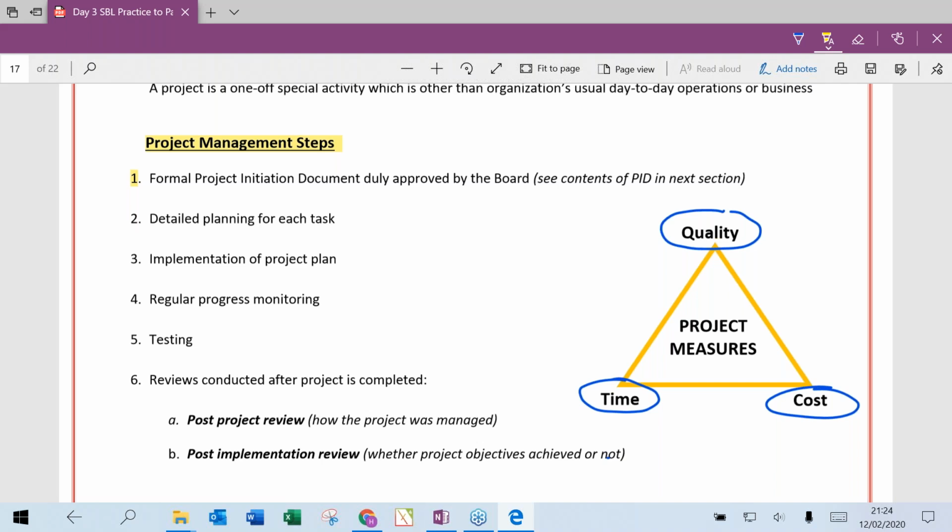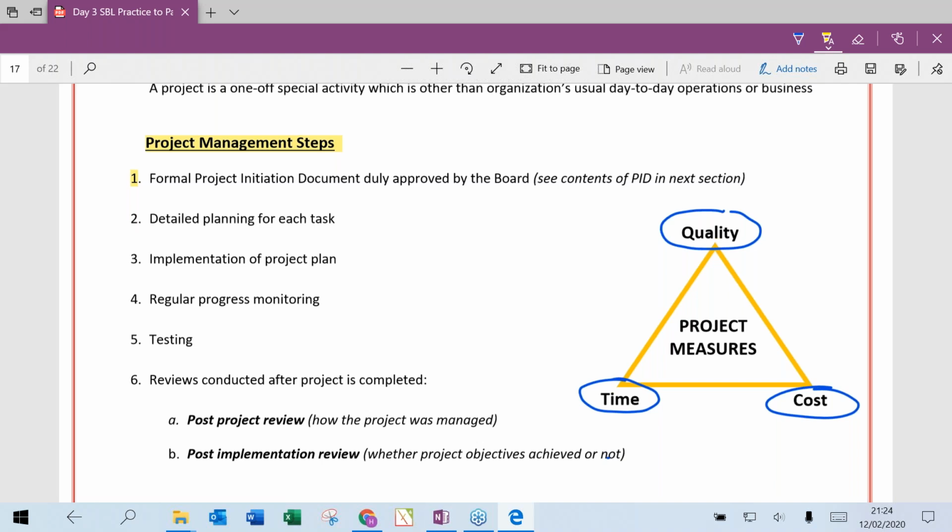And then that project initiation document is submitted to the board. The board carefully reads that document, and they will ask some difficult questions about the project. Once the board is satisfied or convinced about the project objectives and benefits, they will approve the project initiation document. All project activities will start after the PID has been approved.